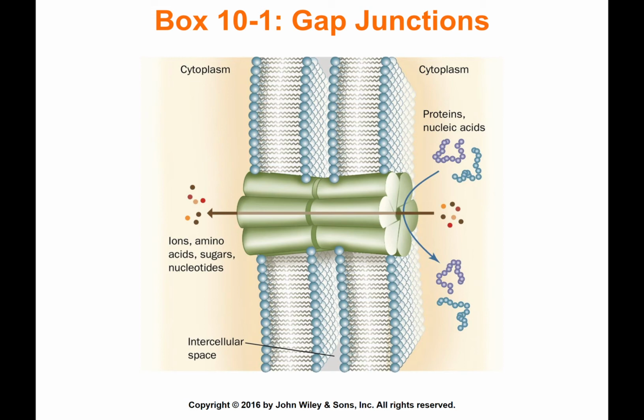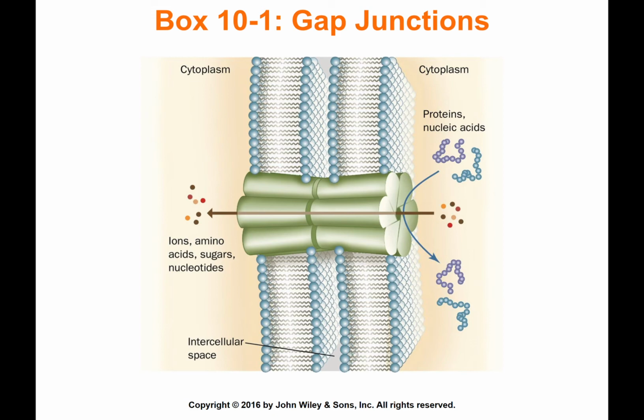There's a few other pore types, or one or two, I think, in our passive transport portion of the chapter that I want to cover with you guys. This is one of those little inset boxes in your chapter. These are things called gap junctions.